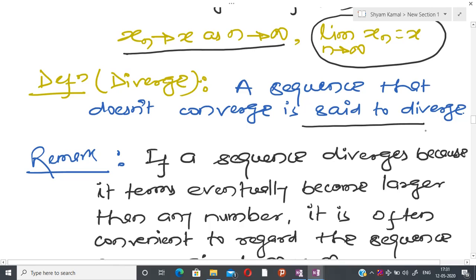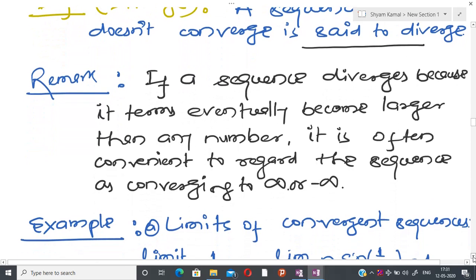That is obvious: if something does not converge, then we say it diverges. Diverging means either it will diverge to plus infinity or minus infinity, or it may oscillate between two points.